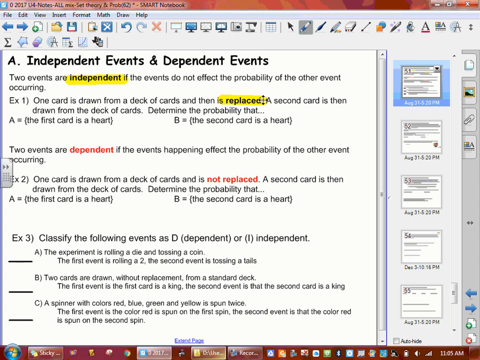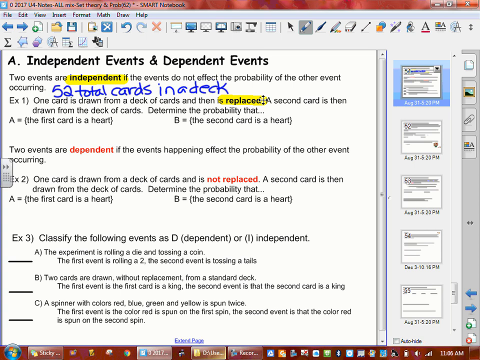Now, if I've got a deck of cards, we always say there are 52 cards in the deck. That's why they call it a standard deck of cards. It says we draw one out, then we put it back. The minute we put it back, we're not changing the total amount of cards. The total amount of cards is still 52.